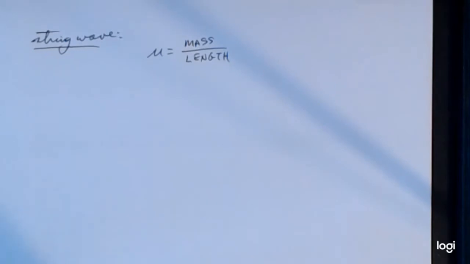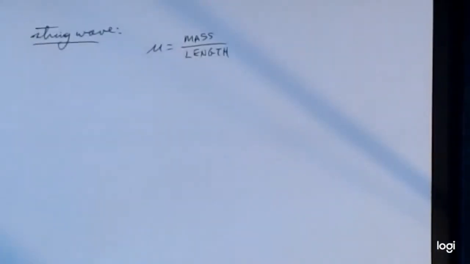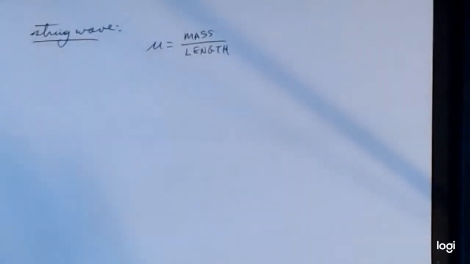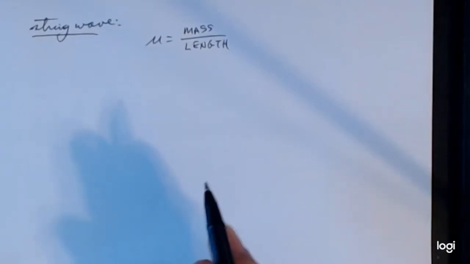So, you see, ultimately I'm going to use the formula for centripetal force, mv squared over r. I need something to put in for the mass, m. And that's where this is leading to.